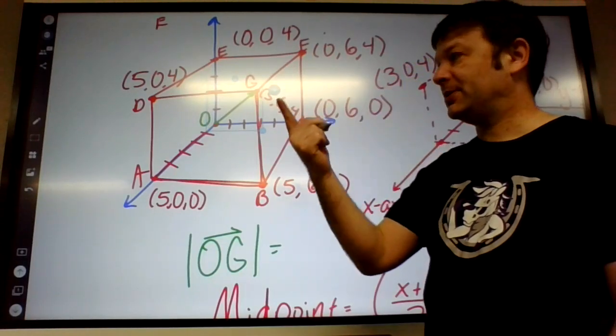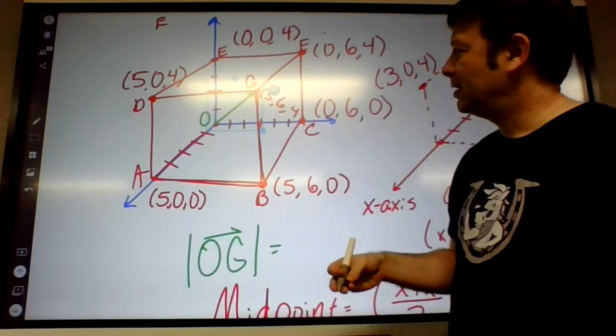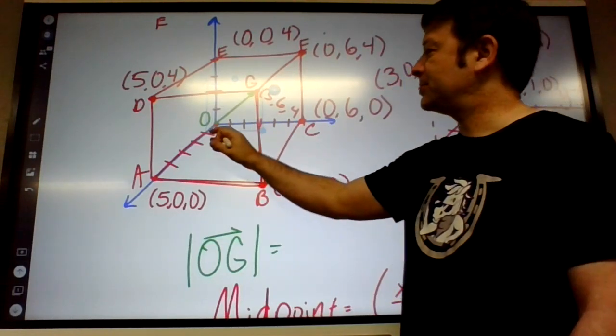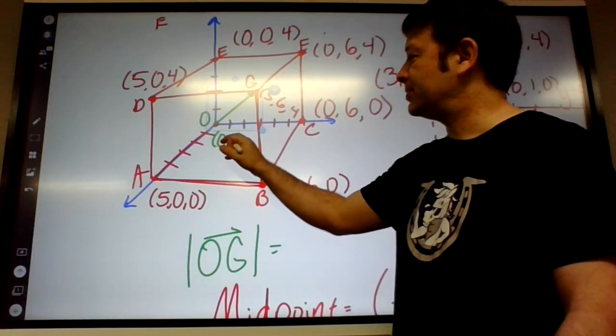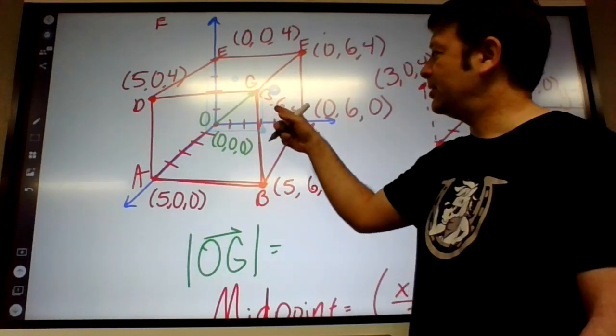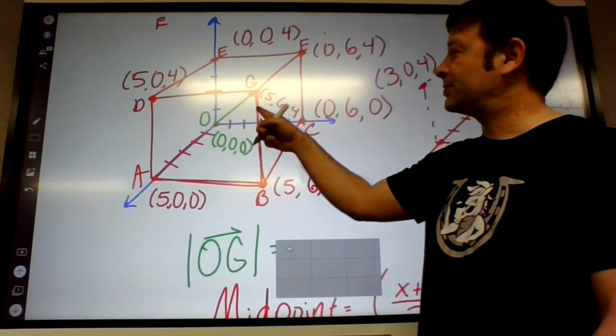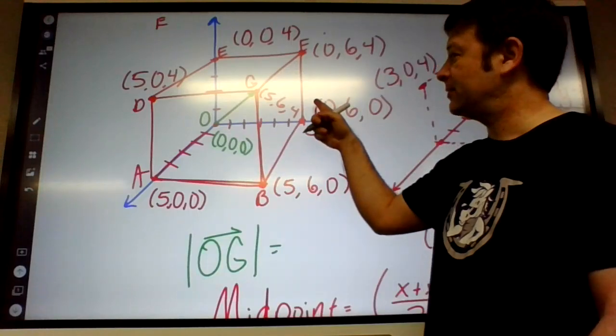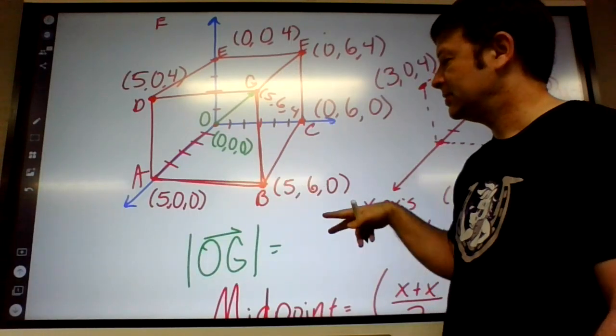The distance formula. Since we're starting from the origin 0, 0, 0, it would be like 5 minus 0 squared, 6 minus 0 squared, 4 minus 0 squared.